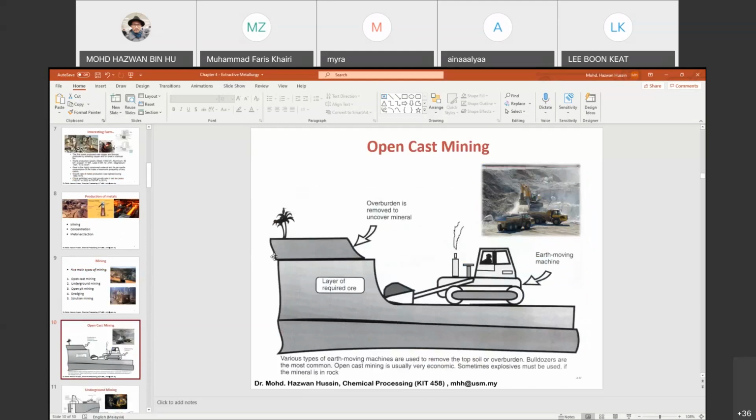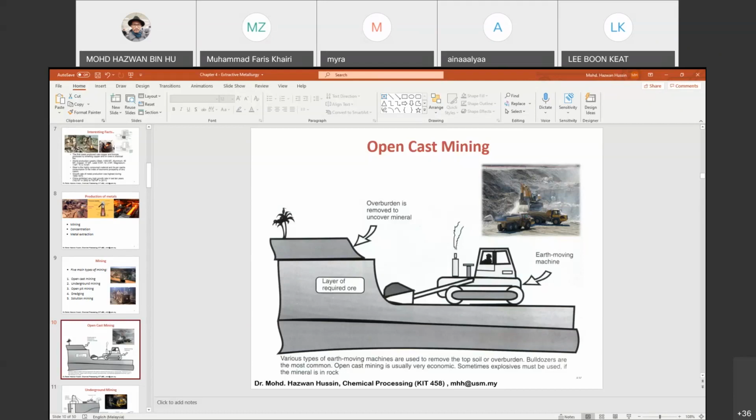The first one, open cast mining. In open cast mining, you can see an excavator or a machine removing the layer of overburden, and finally using the same machine to recover the ore.